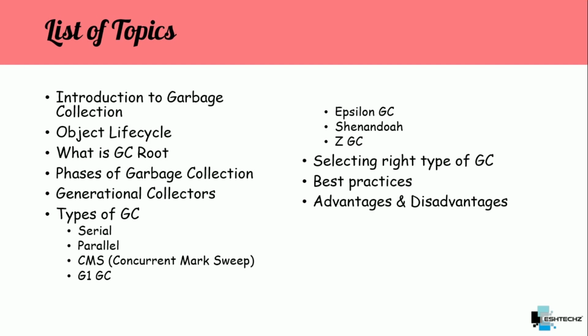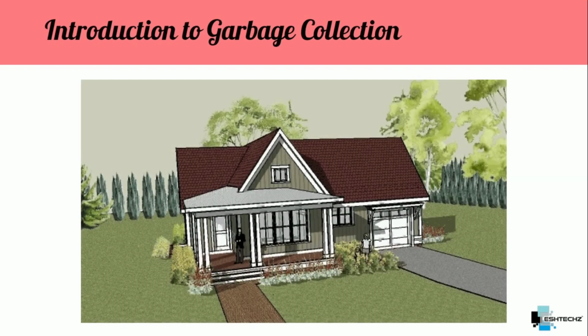So let's move on to our first topic, which is Introduction to Garbage Collection. Here on the screen, as you can see, we have a house and a garden. For our example, let's consider this house as a program and the garden as memory. When we start executing our program, it will generate objects.